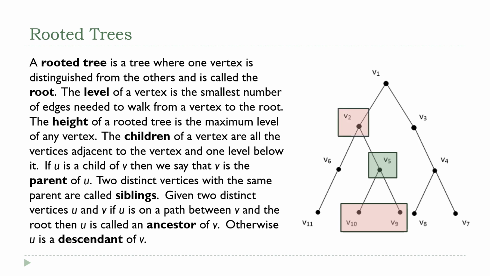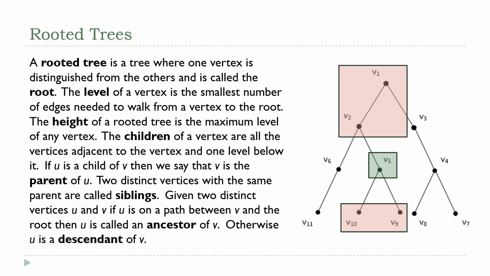Going up a level, V2 is V5's parent, and similarly, V5 is the parent of V9 and V10.